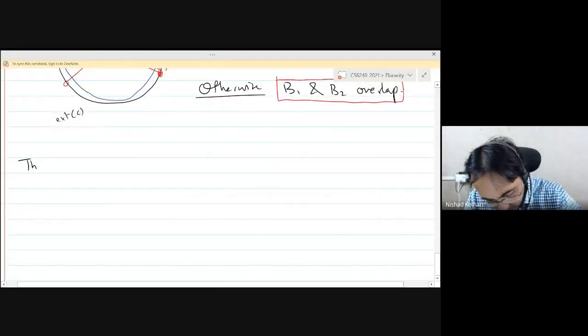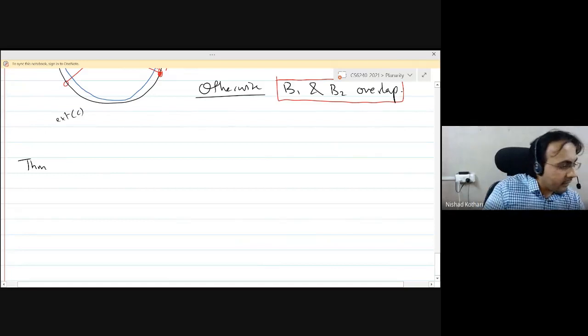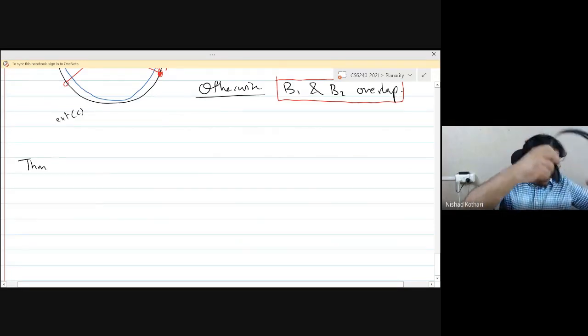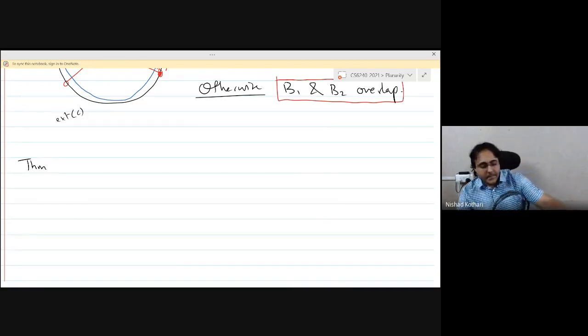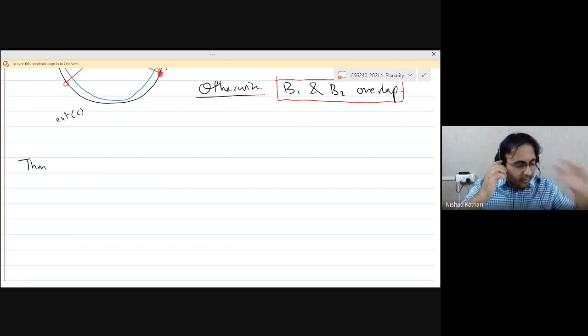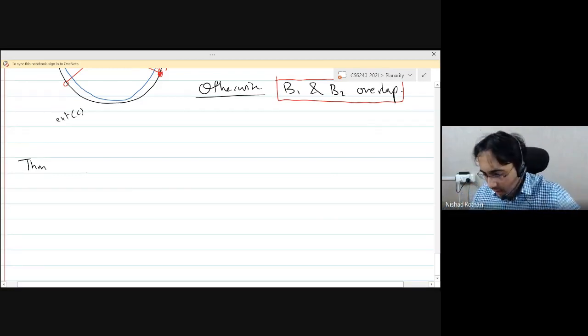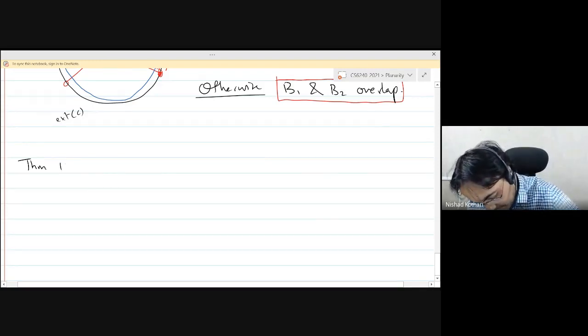So theorem, give me a second. Okay, so this is theorem 10.25 in the text.